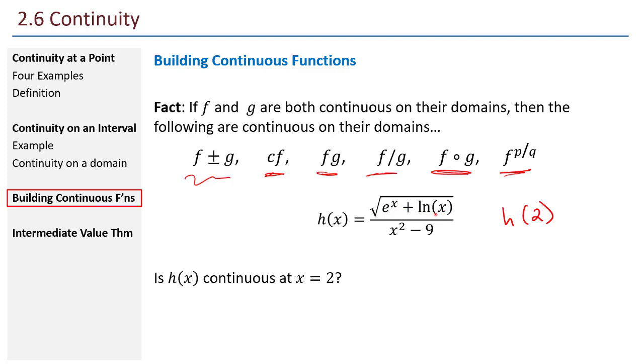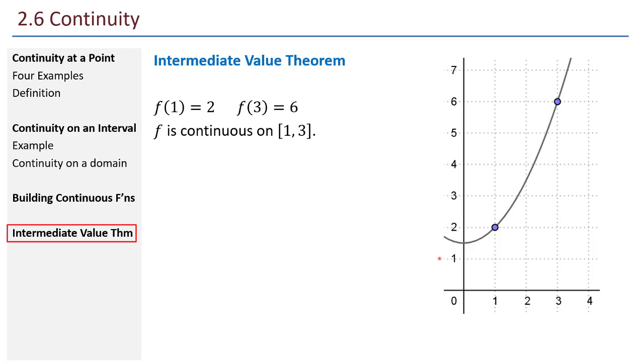And when I add them together, I'll get a positive number, so the square root of that thing is defined. So yes, 2 actually is in the domain of h. And since 2 is in the domain of h, we know that this function actually is continuous at x equals 2.